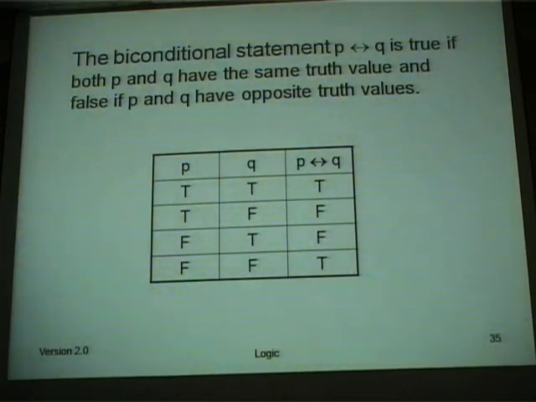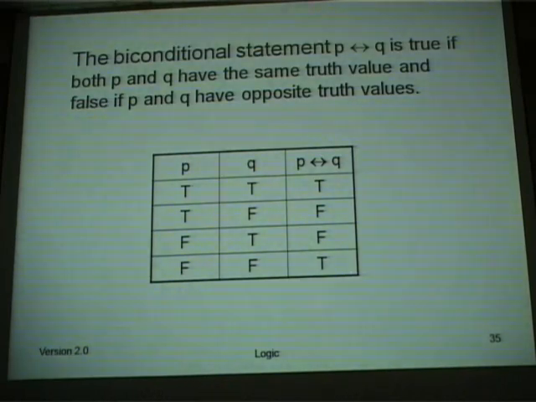In fact, this can be viewed as a conjunction of these two, P implies Q and Q implies P. This is the same as this, right? You can verify by taking the conjunction of these two. True, true, true, true, false, false, true, false, false, true, true, true.